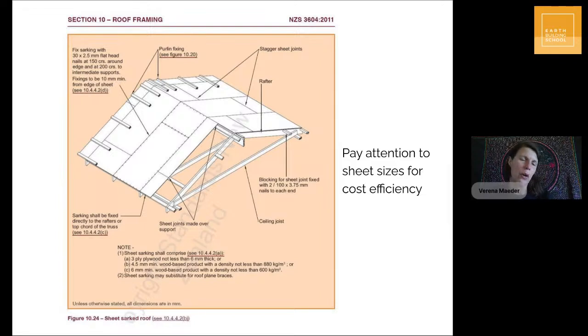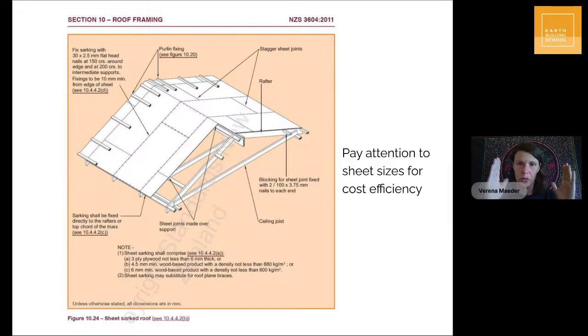So one thing that you could pay attention to if you know that you will be using sheet material is that you design. We've already thought about this when we were talking about the floor plan, that you're designing to material sizes, and the sheets are definitely one of the things that I will keep in mind.